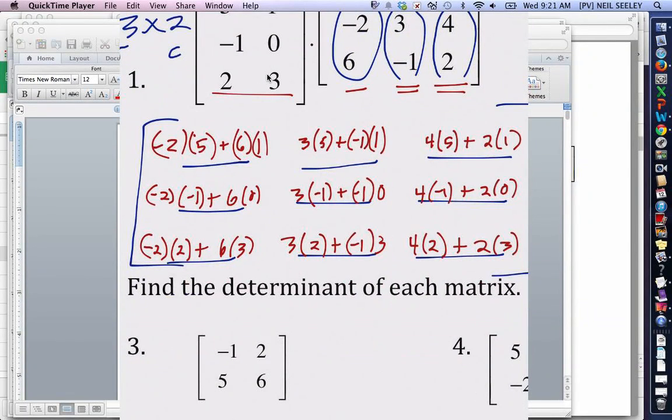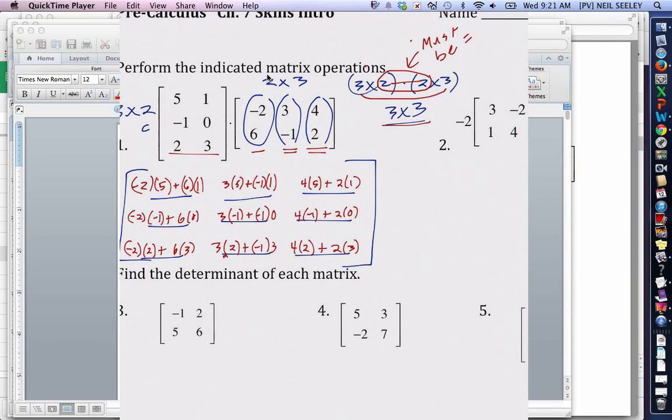So each of those we can turn into a particular value. So the end result matrix, I'm going to just write off to the side here just so you can see it all in action. I'm going to do blue again here. So my 3 by 3 matrix in the end for this one is the result of each one of these.